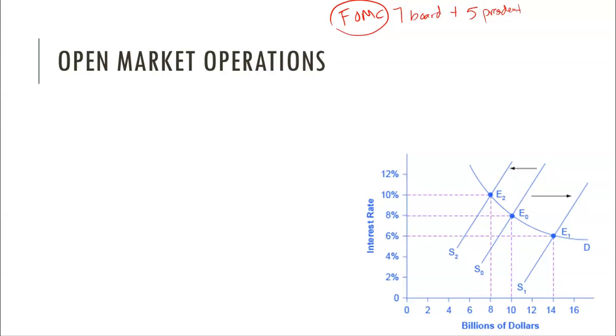Basically they vote and say, we want interest rates to go up, so we're going to sell more securities. We want interest rates to go down, we're going to buy more securities. And so this group of people votes on what to do with open market operations.